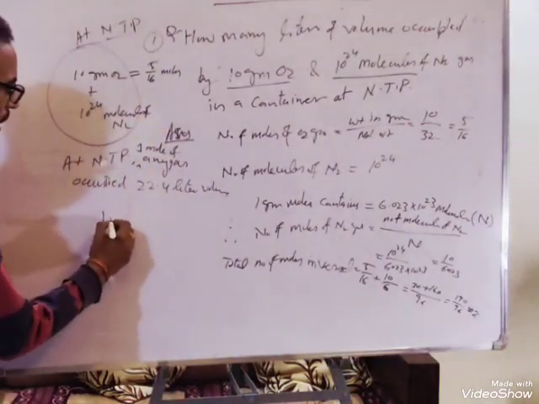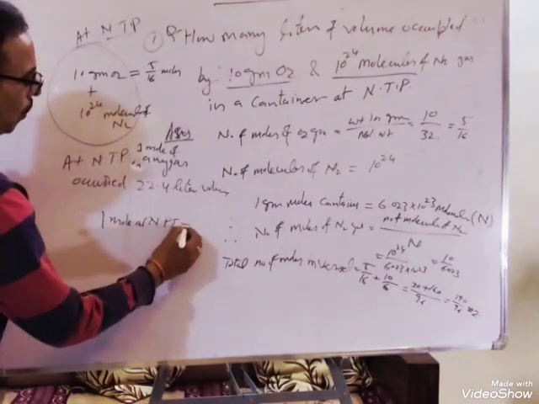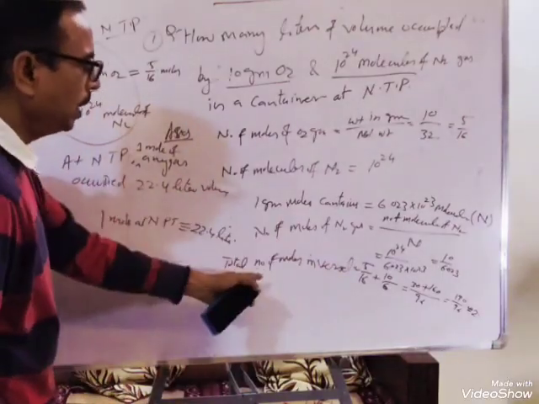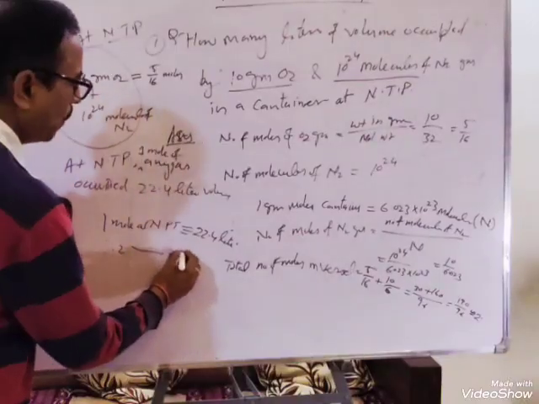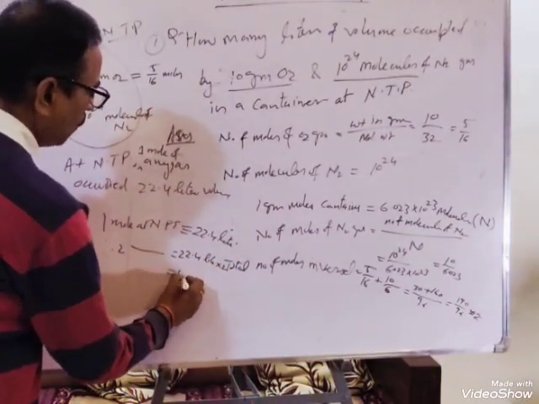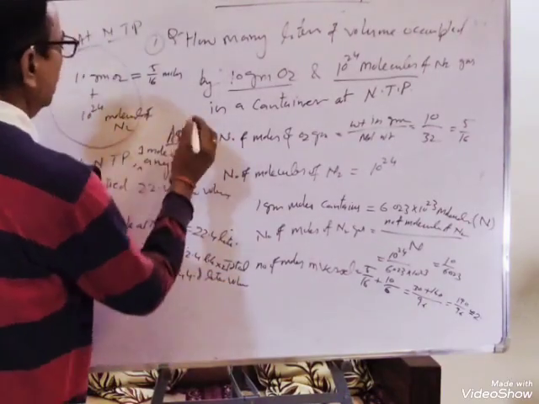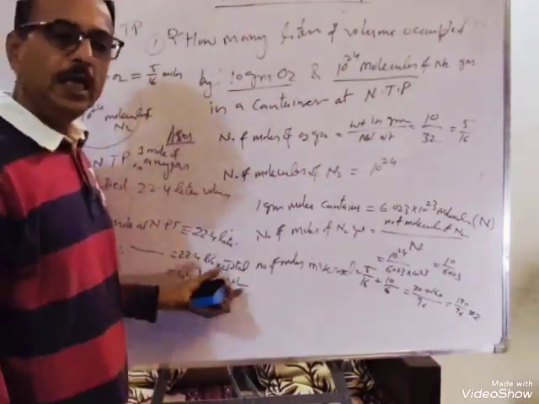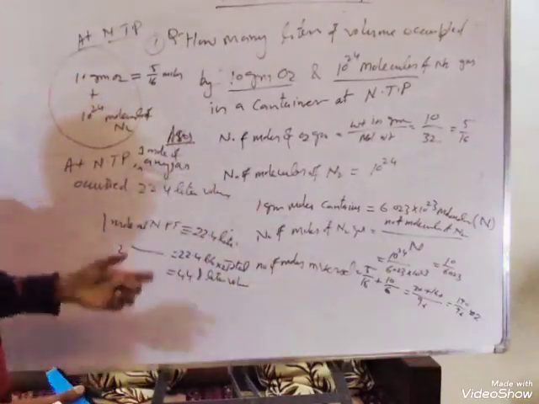It means 1 mole at NTP is equivalent to 22.4 liter volume. So here the total number of moles is 2. Therefore 2 moles will occupy 22.4 liter into 2, that is 44.8 liter volume at NTP. So the answer of this question will be 44.8 liter of total volume.